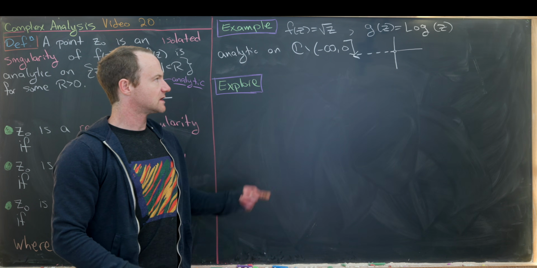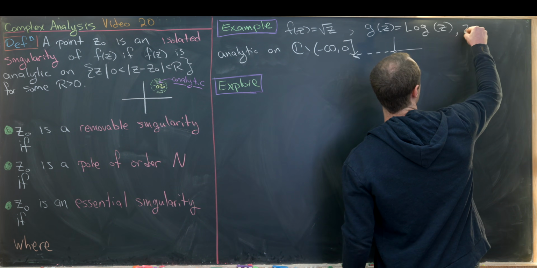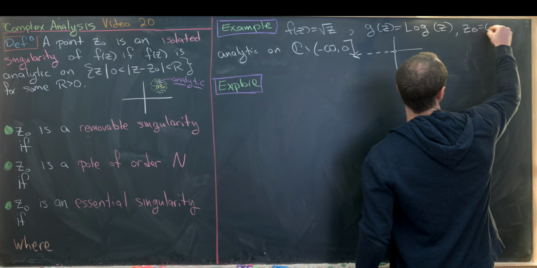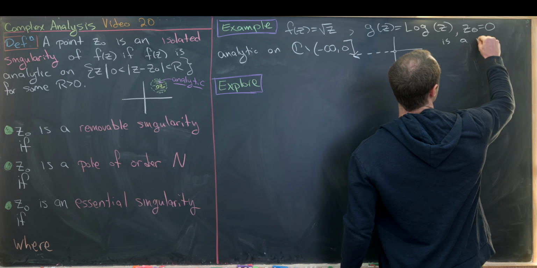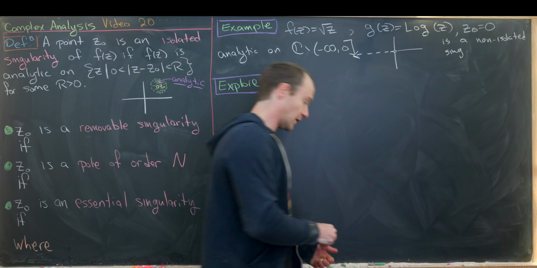Let's note that z0 equals 0 is a non-isolated singularity. And why is that?